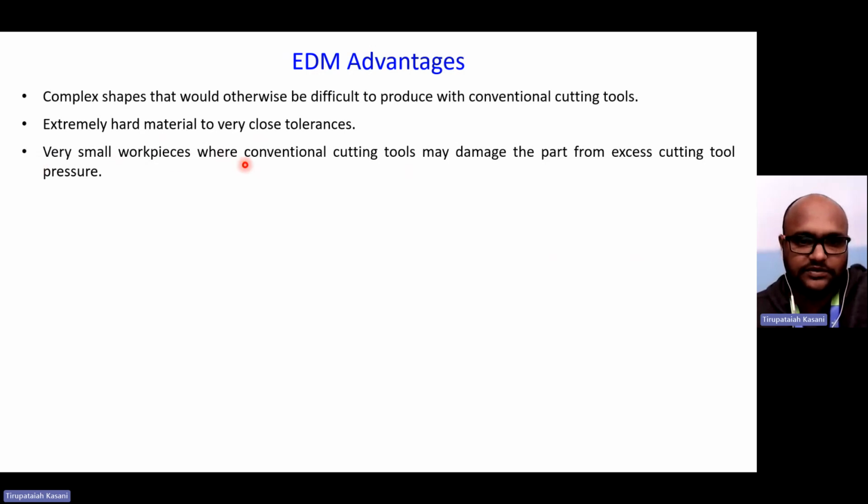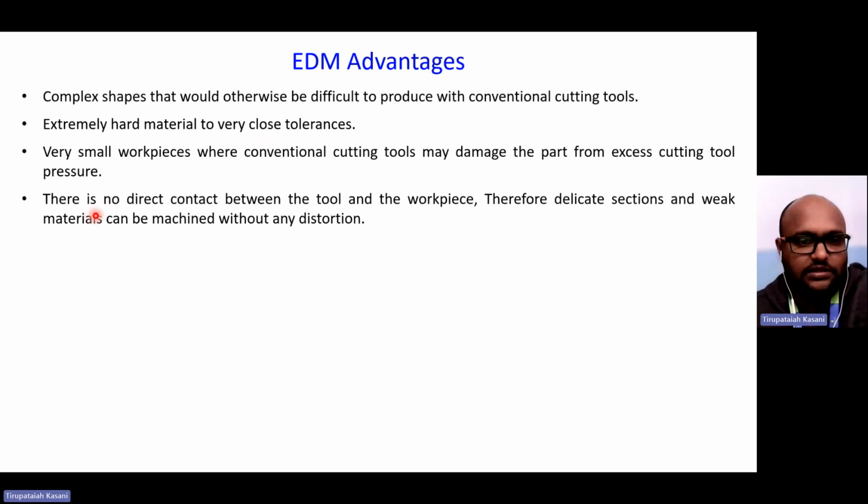Very small workpieces where conventional cutting tools may damage the part from excess cutting tool pressure. There is no direct contact between the tool and the workpiece. Therefore, delicate sections and weak materials can be machined without any distortions.